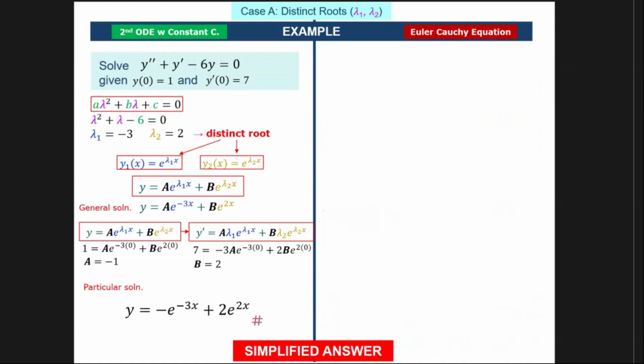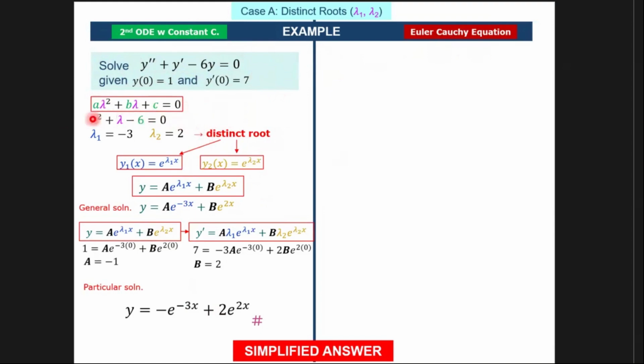All right, let's see a simplified answer so you can get the idea better. When you have a second-order ODE to solve, determine which type of ODE you are dealing with, either constant coefficient or Euler-Cauchy equation. For constant coefficient, you use this characteristic equation to convert the ODE to a quadratic equation.